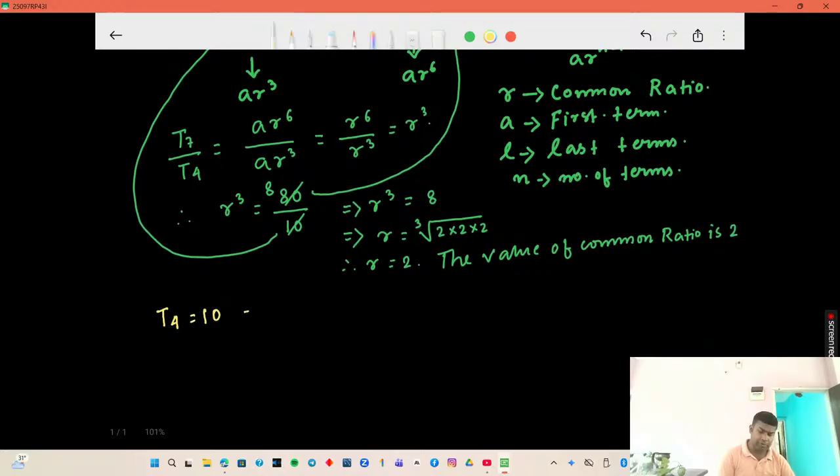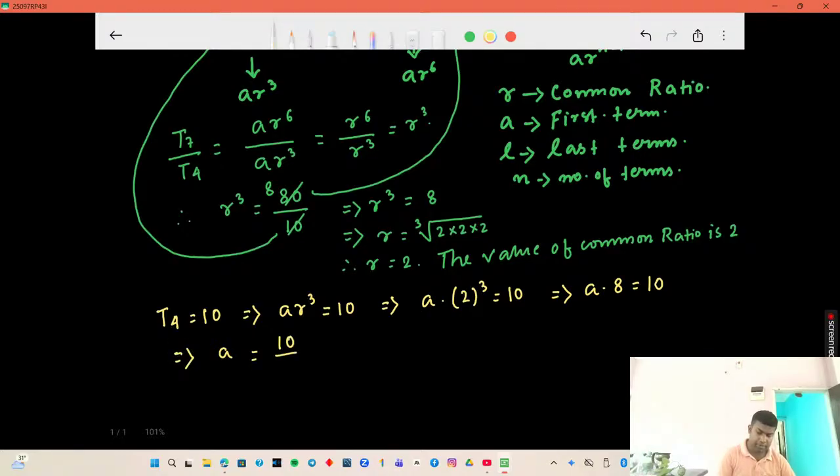And what is the value of T4? The value of T4 is A R cubed, which will be equal to 10. Then A into 2 cubed is equal to 10. Is it clear to you? So now A into 8 is equal to 10. So now A is equal to 10 by 8, which is 5 by 4.